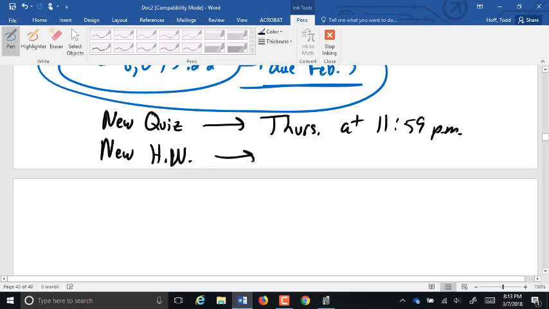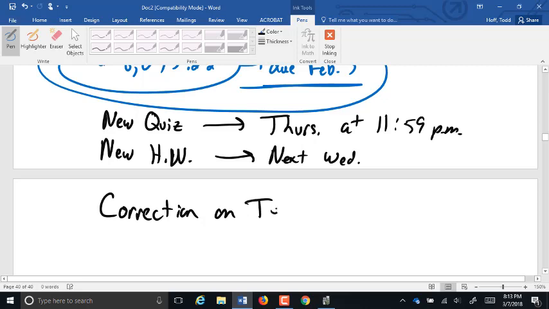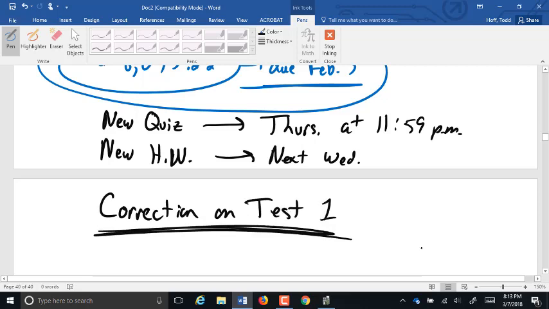And there is new homework that is due for next Wednesday. Remember, corrections on test 1, if you have not already done them, they need to be done soon. Remember, by the time we take test 2, I've got to have the corrections on test 1 or I won't take them.